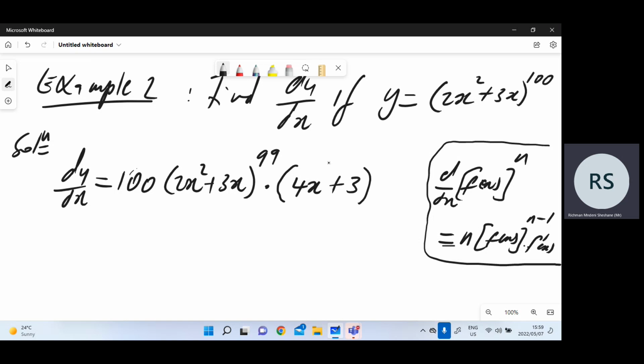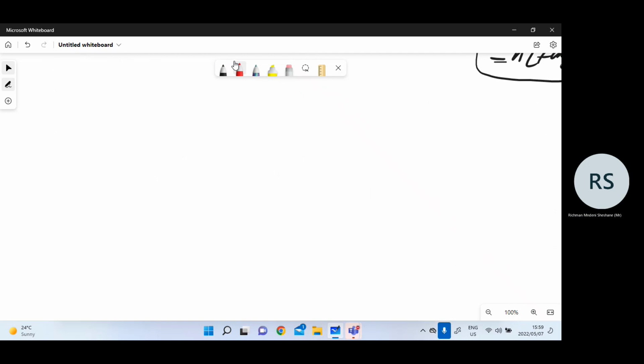If I leave out the brackets, it looks like this 4x is only multiplied with this, which is the wrong value. All right. So brackets are very important. That's why I'm saying always put f prime in brackets. Now you understand this formula.